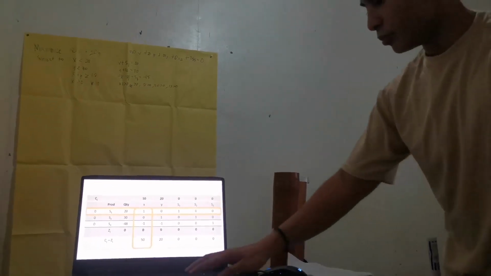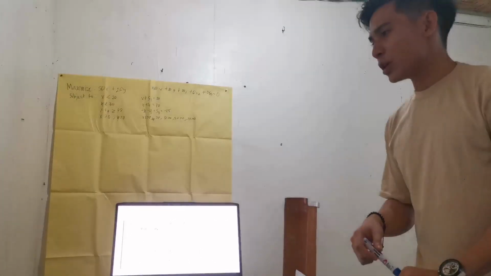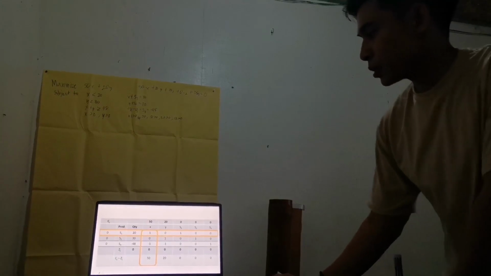Next slide. So, to identify the pivot column is to find the most high value, no? Yung most positive value. So sa nakita natin sa C sub j minus Z sub j row is 50 yung pinakamalaki. So yan yung pivot column natin, which is sa X pa rin.